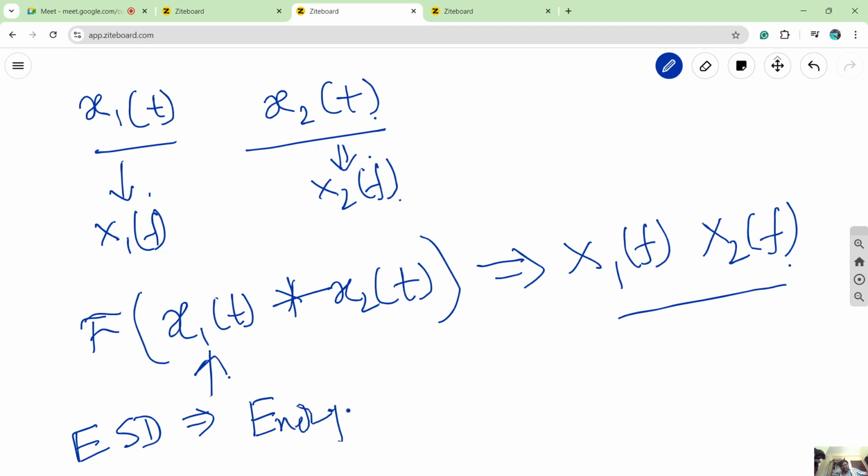ESD, just basically write it. If I want to write it, then what will I get in the spectrum? So basically, from Parseval's theorem, just take the mod square value.